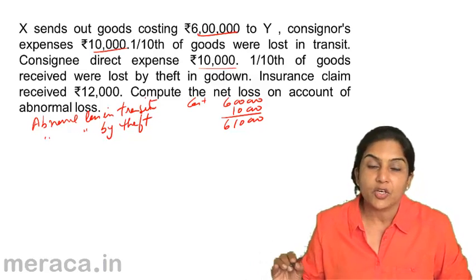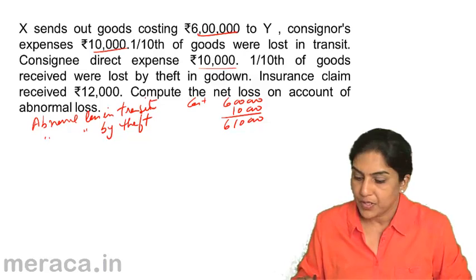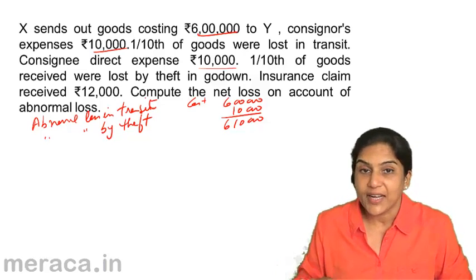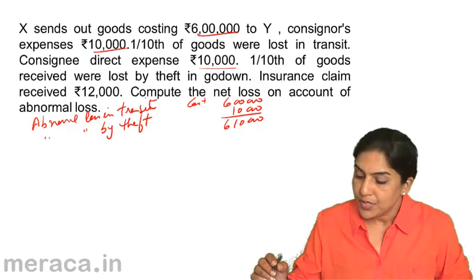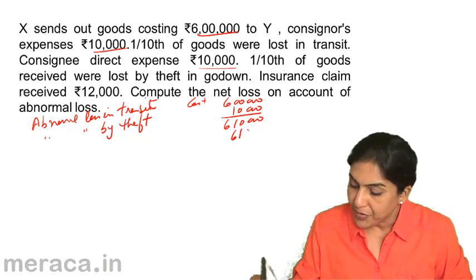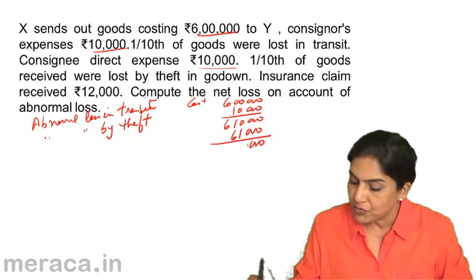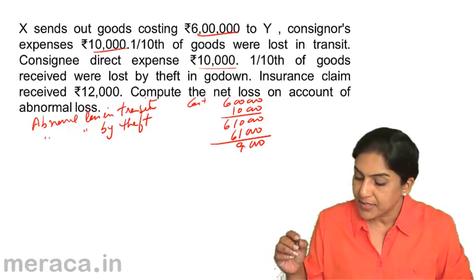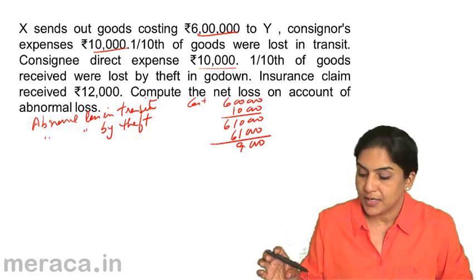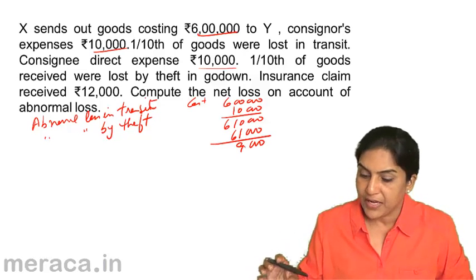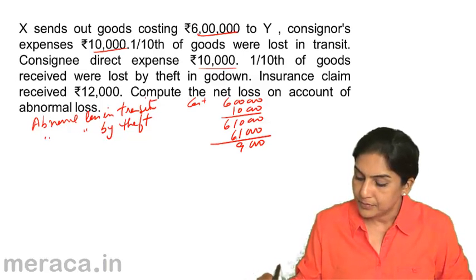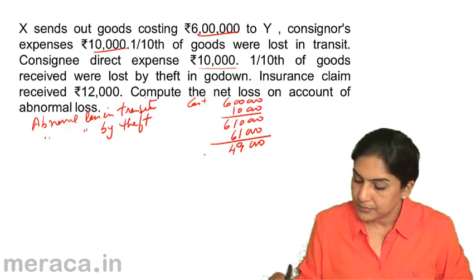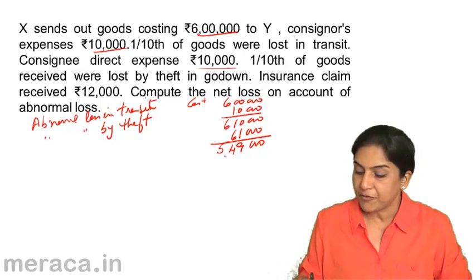Thereafter, 1/10 of the goods are lost. So now we have only 90% of the goods. Since 1/10 is lost, I am removing the value of 61,000 from this and arriving at the net stock available now, which is received by the consignee, as 5,49,000.